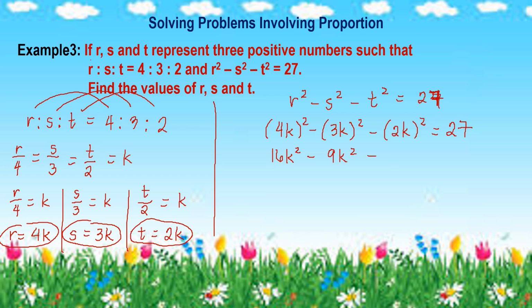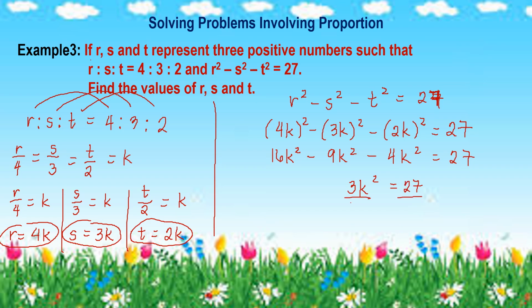And 2K squared is 4K squared. Combine like terms, 16K squared minus 9K squared minus 4K squared, that will give us 3K squared is equal to 27.